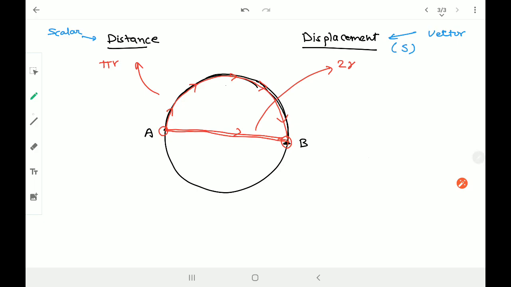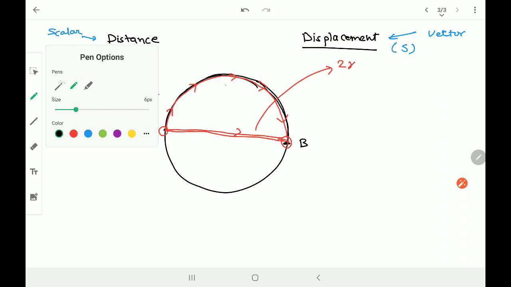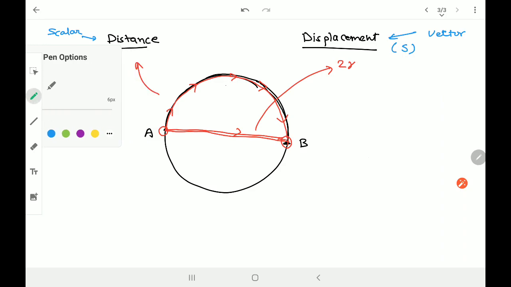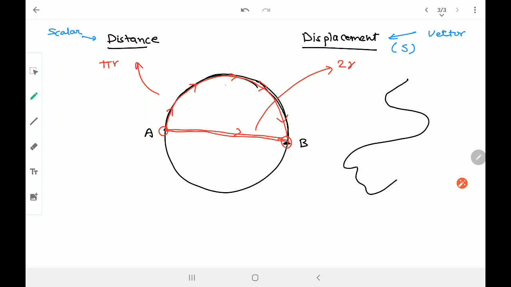Clear? Just imagine a hen is moving along this particular path.